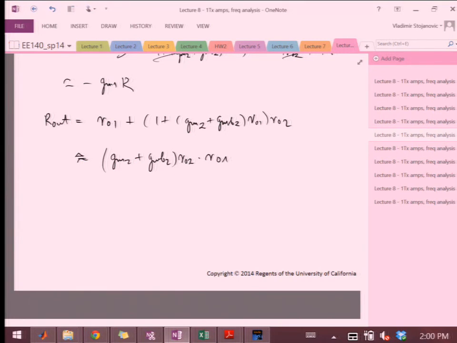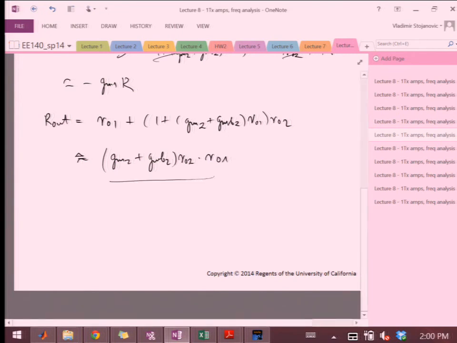Okay, and GM R0 is the intrinsic gain of the transistor. If nothing was loaded to the transistor, that's the gain that transistor would create, right? Because its current GMV1 would flow just through R naught. So that gain is actually the highest you can get. Anything you attach to that output will just lower the total output resistance. It will decrease the gain, right?